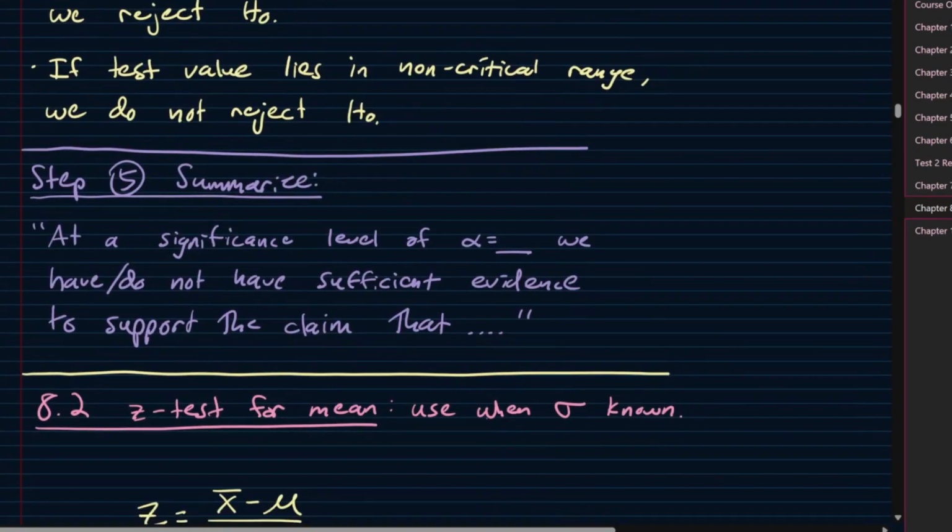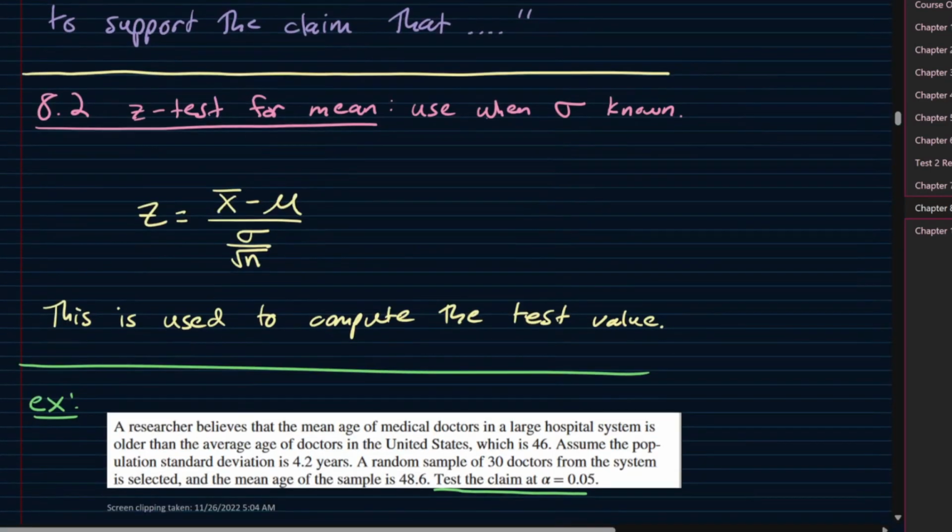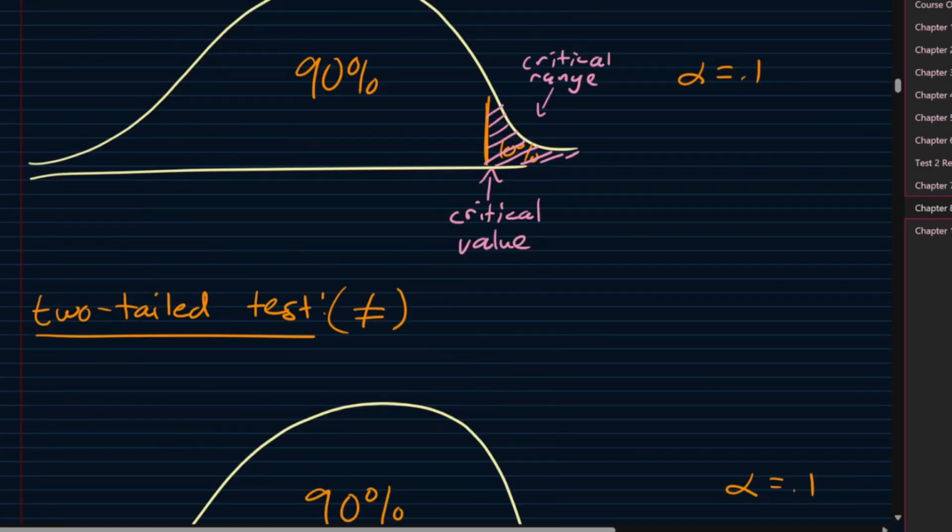So I've got 3 questions on the test, just like this, right? You've got to do all 5 steps, 1 for each section, essentially: 8.2, 8.3, and 8.4.